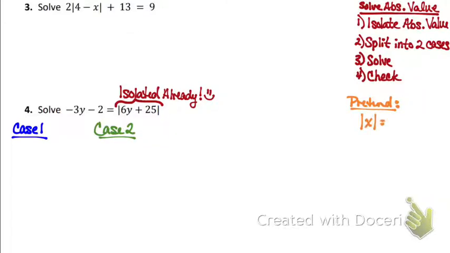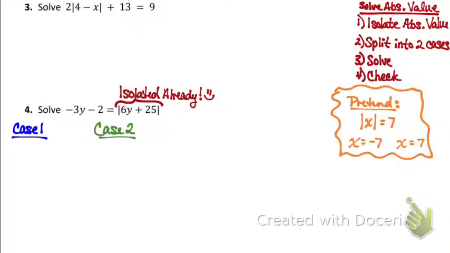If I were to tell you that I was 7 units away from 0, could you tell me where I could possibly be on the number line? I could be at -7, or I could be at +7. Those are the 2 possible options here. Notice we got two cases here. Absolute value means distance away from 0.